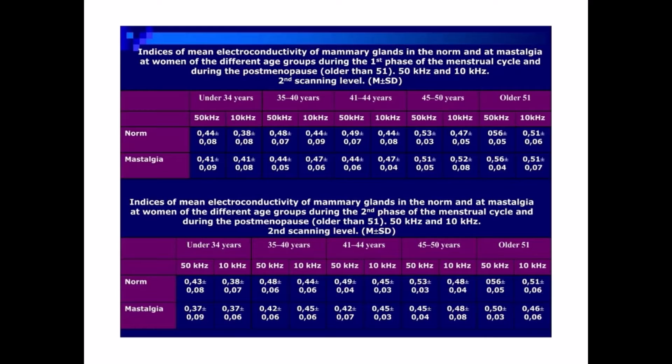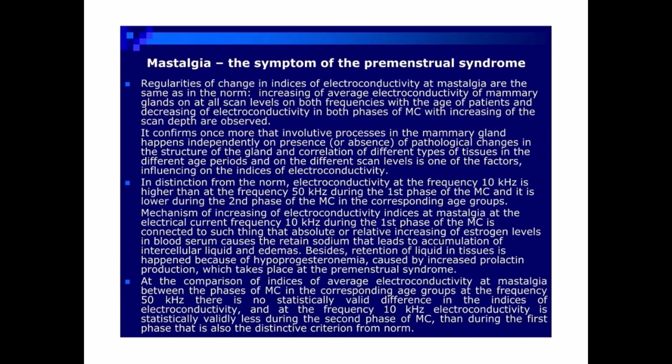Indices of mean electroconductivity of mammary glands in the norm and at mastalgia in women of different age groups during the second phase of the menstrual cycle and during the post-menopause, older than 50, at 50 kHz and 10 kHz. Second scanning level. Plus or minus SD.